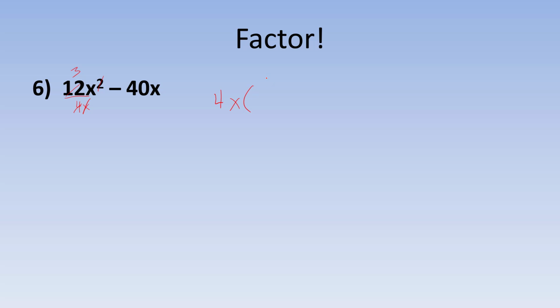All right, 12x squared divided by 4x leaves me with 3x. And 40x divided by 4x leaves me with 10. So we end up with 4x times the difference of 3x minus 10.